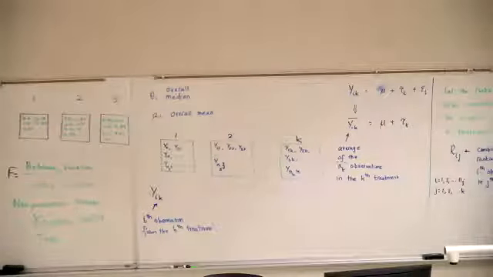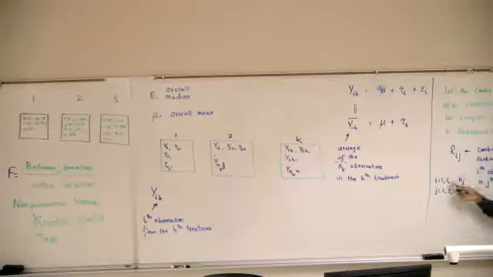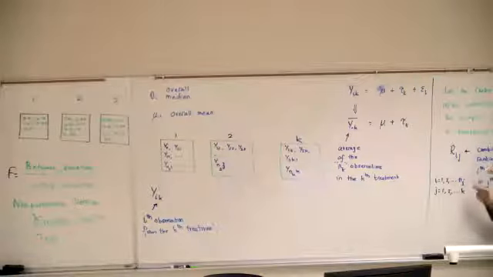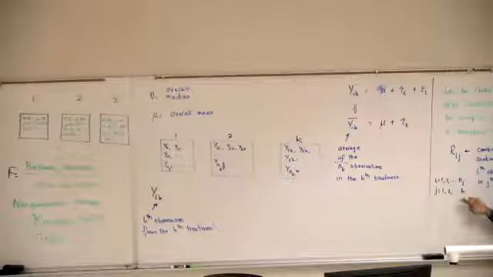If I pick 3 treatments, what are the possible cases? 1, 2, all the way up to N1; 1, 2, all the way up to N2; 1, 2, all the way up to N3, because j equals 1, 2, all the way up to K, which is 3.